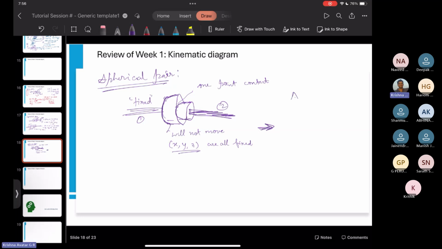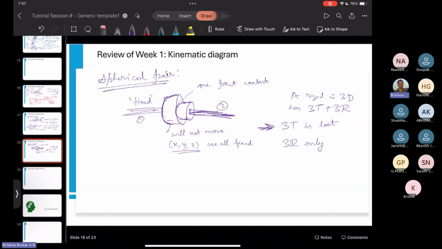So a rigid body in 3D has 3 translations plus 3 rotations. So what all we have lost by fixing it? 3 translations. Exactly. So 3T is lost. So we are left with 3R only.